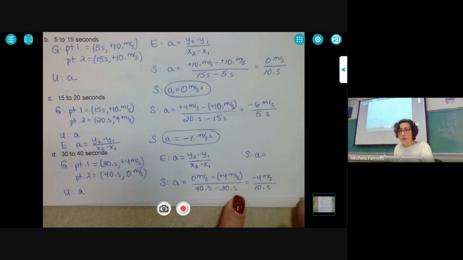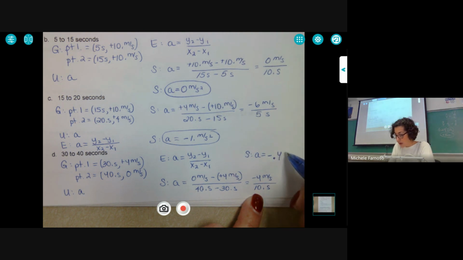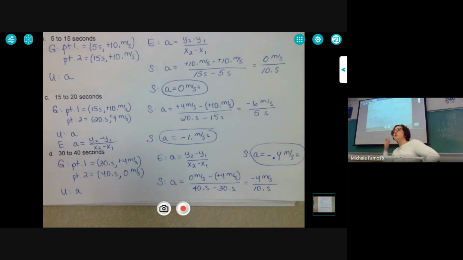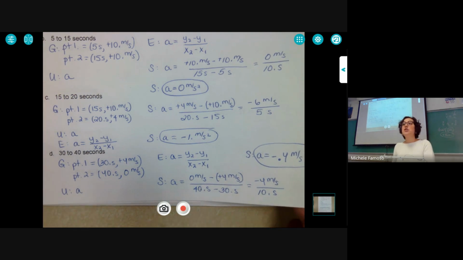So, can you tell me what that's going to give me for the acceleration? Okay, so you've got to make a decimal. Good, negative 0.4 meters per second squared, because we need sig figs. Fractions don't have sig figs. We have to have it with sig figs. 1 sig fig in the top, 2 in the bottom, so we round it to 1 sig fig, negative 0.4 meters per second squared. Any questions on page 17?